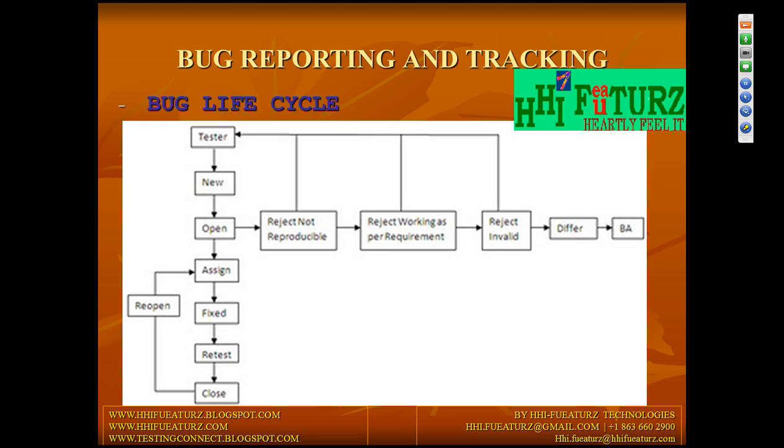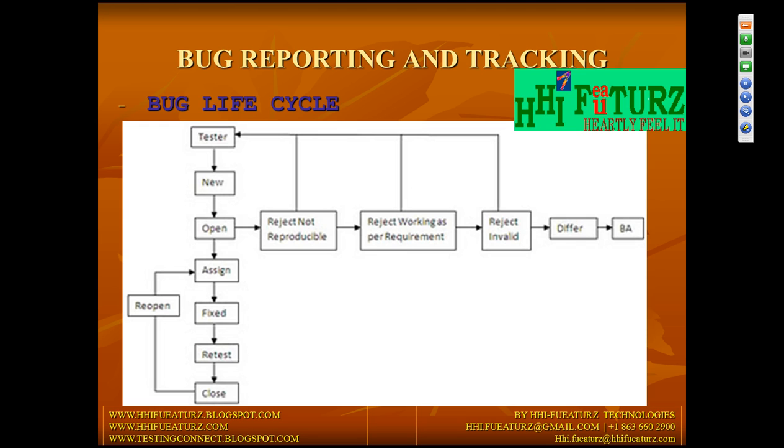Okay. Another thing is, you opened one defect in release 500. In release 600, it was fixed, you retested and closed it. Everything goes fine for 4 or 5 releases. 700, 800, 900 are working fine.